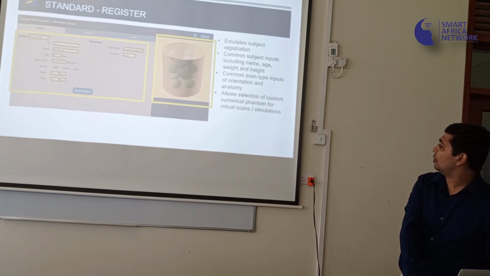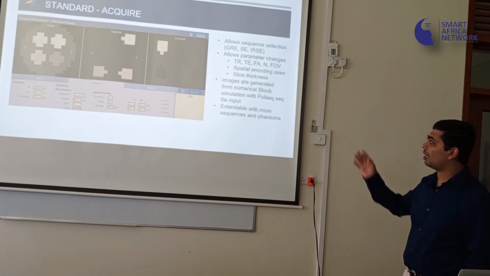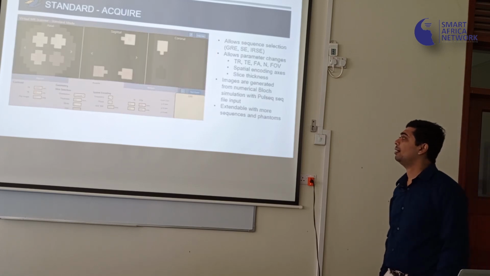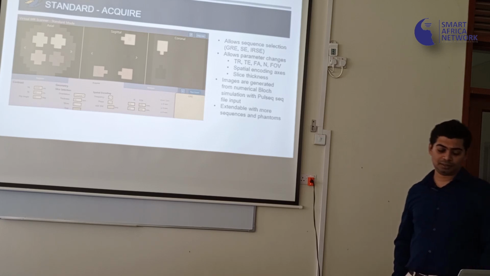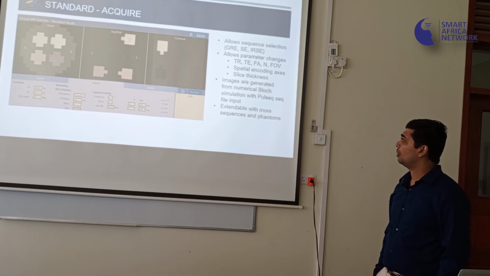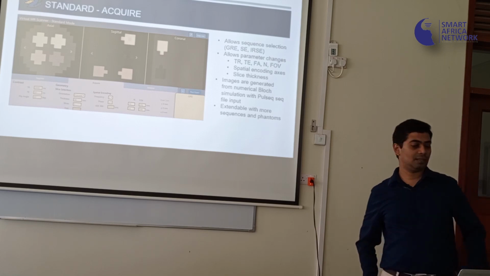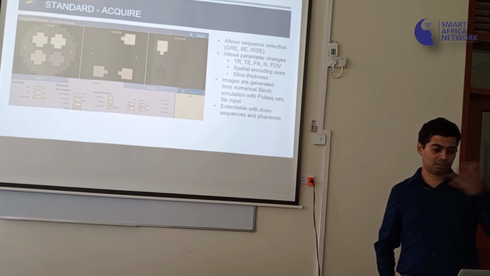So those are the regions. On the left you fill out the details, on the right you visualize the phantom. And then this is how your scanner would look, heavily motivated by looking at clinical scanners across vendors, not one particular vendor.